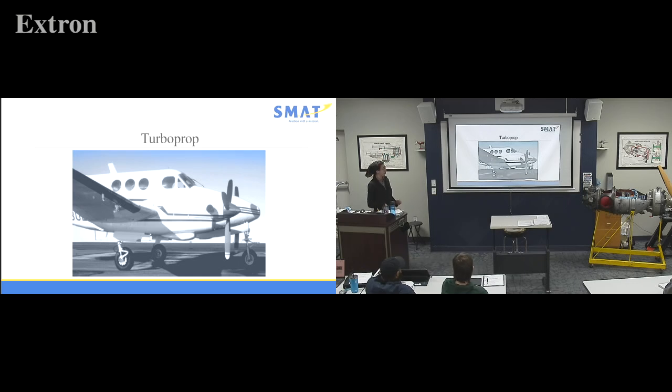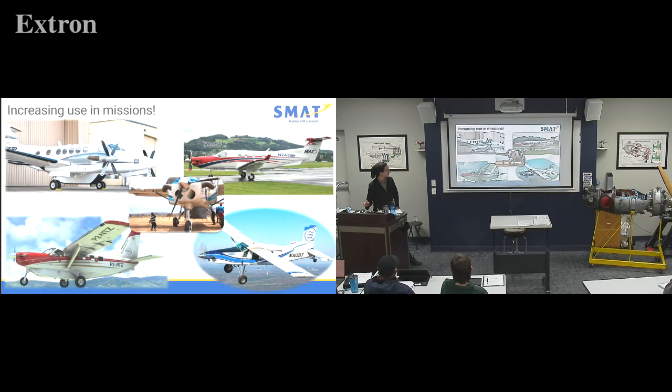But a turboprop is simply a gas turbine engine that delivers power to a propeller. So I threw this slide in here, some of my favorites, just to familiarize all of you, especially those interested in missions. Samaritan's Purse donated quite a few, I forget if it's two or three King Airs, to Pacific Mission Aviation. I don't know if they'll have the rep come here or not.